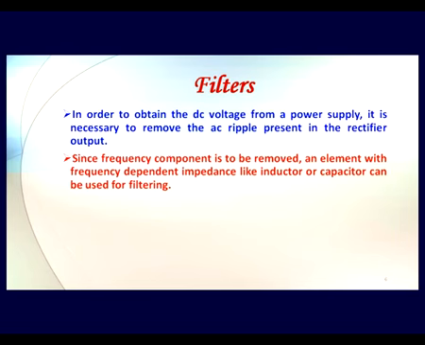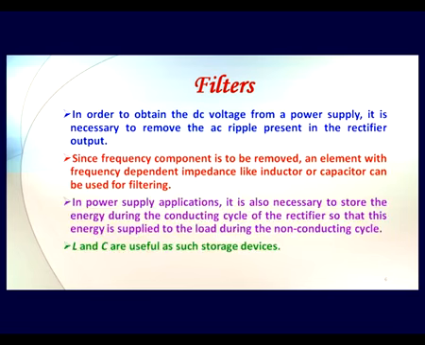This can be done by a scheme where we have a component which stores energy during the conducting cycle of the rectifier and uses that stored energy to deliver it to the load when there is no input from the rectifier, right?